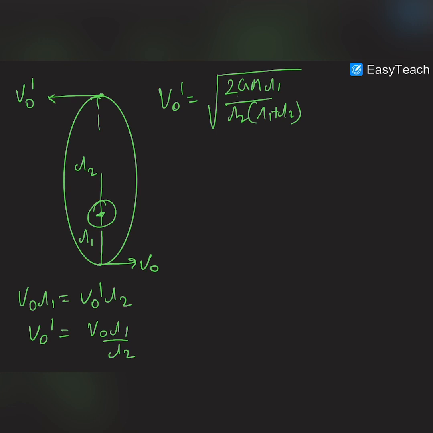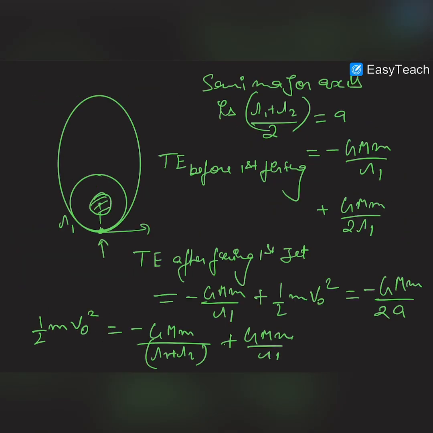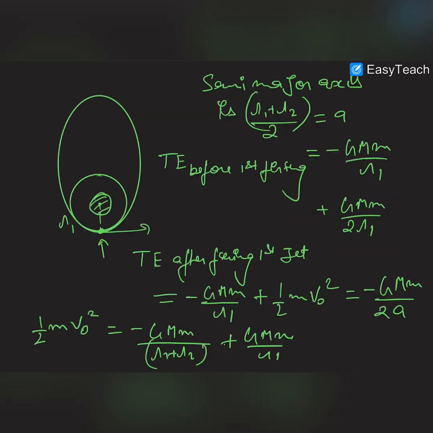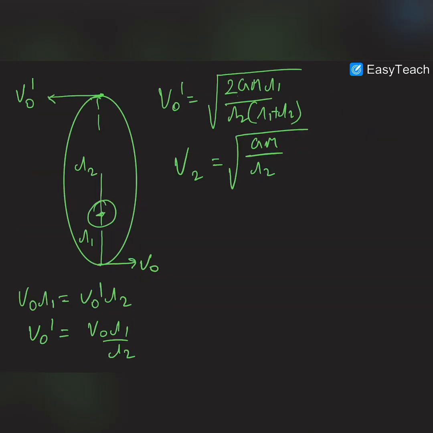For the new circular orbit, we know that v2, the new orbital velocity, is under root of gm by r2, which we have already written. Now you can compare this term and this term, so it would depend on the various values of r1 and r2. Let us suppose that v2 is greater than v0 dash.